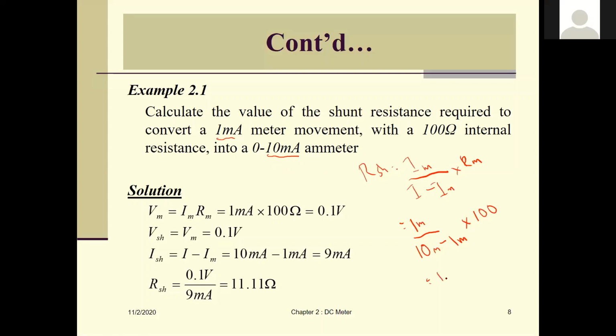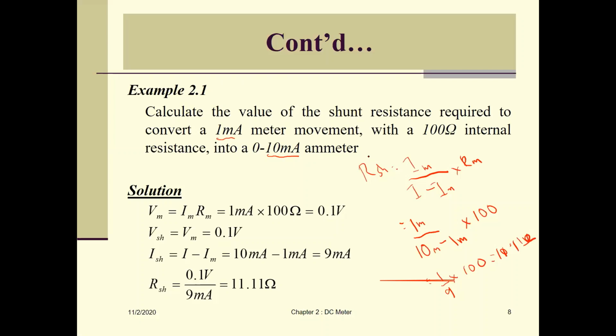So 1 over 9 multiplied by 100. Use your calculator, and the answer will be the same: 11.11 ohms.